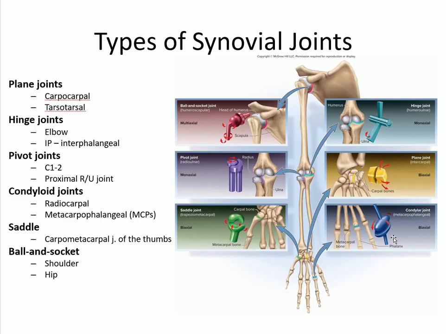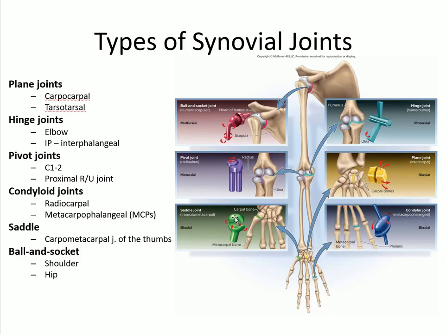Okay. All right. So we also have saddle. So saddle joints are going to be right here. Saddle joints are going to be associated with thumbs. So think about how you move your thumbs backward, forward, sideways. So these are called carpometacarpal joints. So between wrist and hand bones that lead to the thumb specifically.